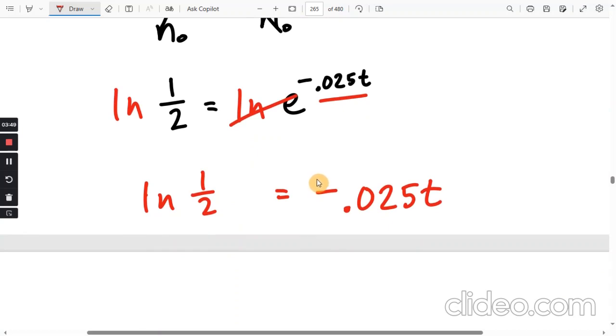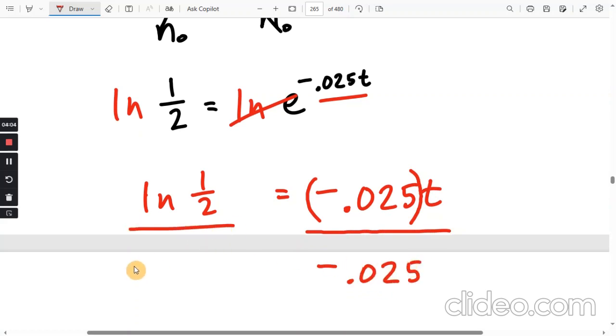So t is multiplied by negative 0.025, and the opposite of times that is divided by negative 0.025. You do that on both sides. On the right, the same term divided by itself cancels. We are left with t.